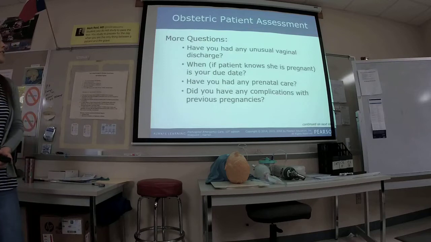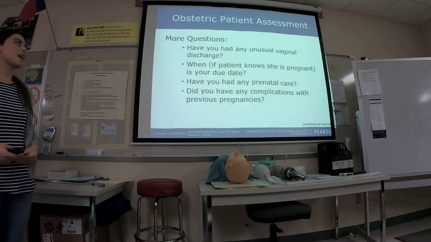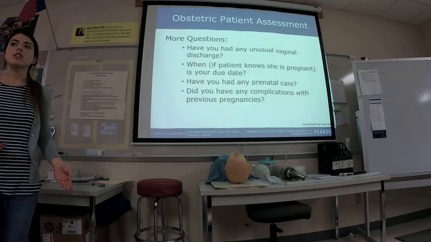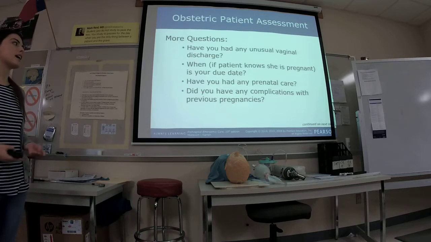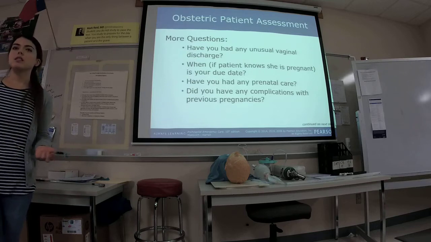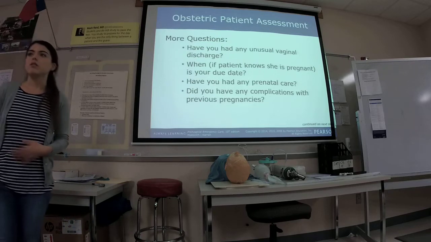So more questions that you want to ask: if they've had any unusual vaginal discharge. That's very important to know, especially if it's blood or any other fluids that are green or yellow, things like that. Ask the patient if she knows when she's due and if she's had any prenatal care. This gives us an idea of what we're going to expect whenever the baby's delivered.